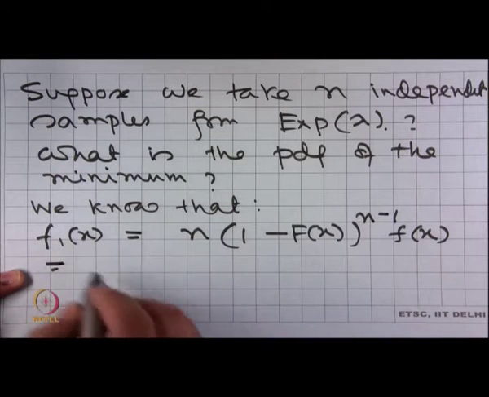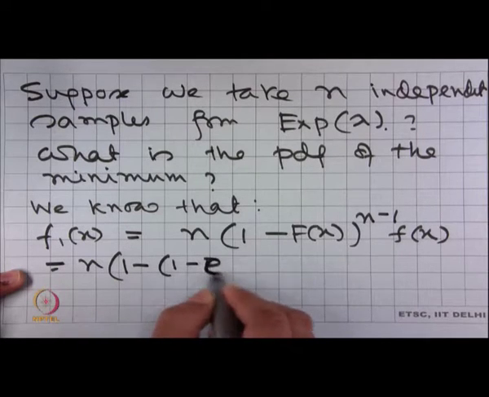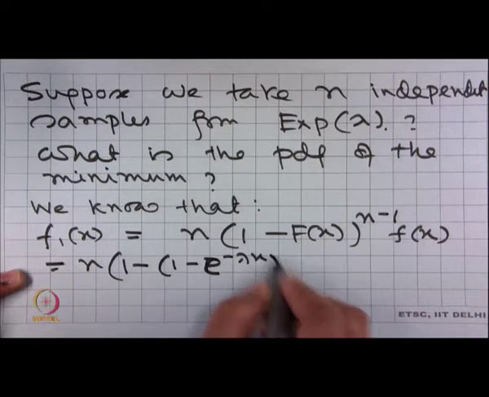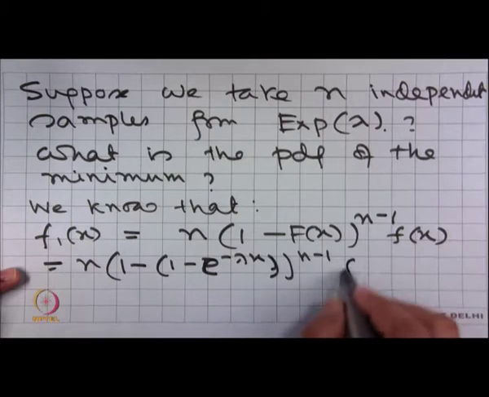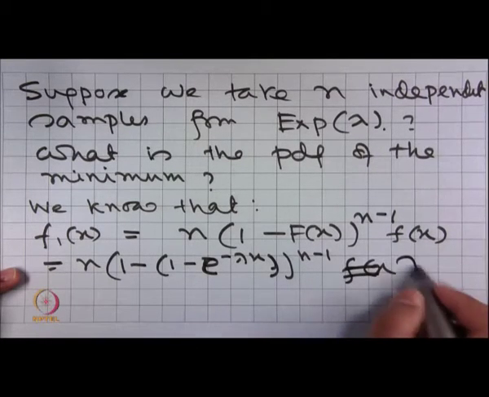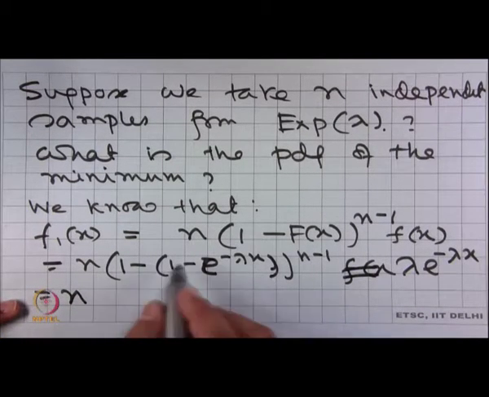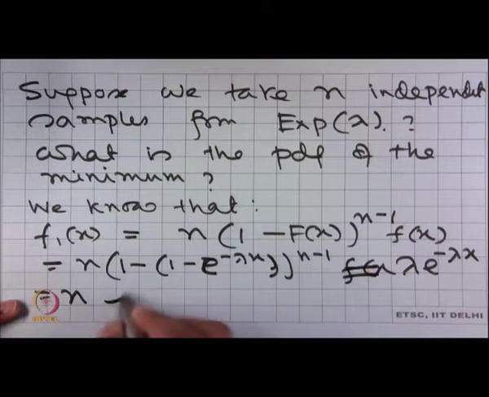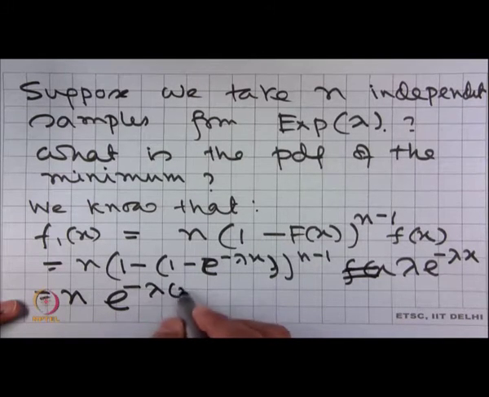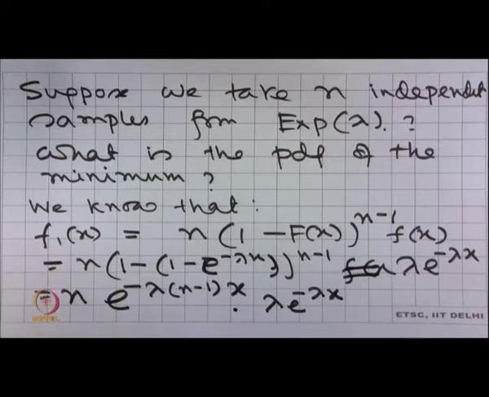So, in this case it is going to be n into 1 minus e to the power minus lambda x whole to the power n minus 1 times lambda e to the power minus lambda x, is equal to n into, 1 cancels, e to the power minus lambda into n minus 1 x into lambda e to the power minus lambda x.